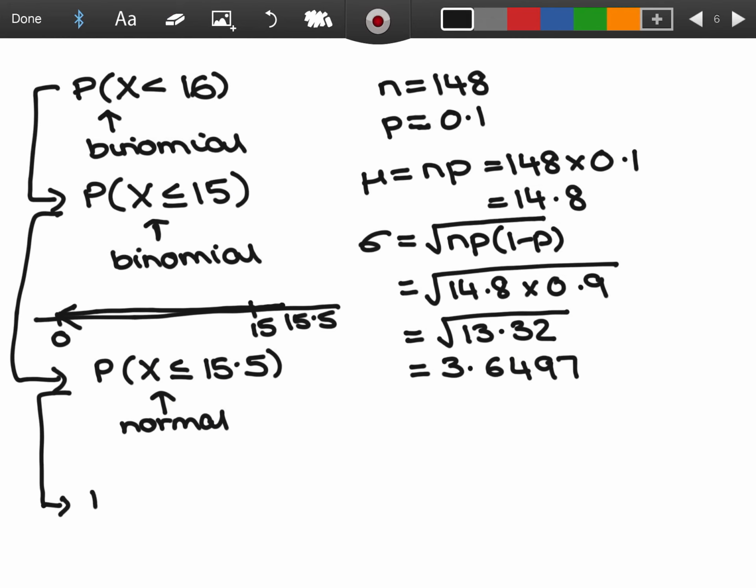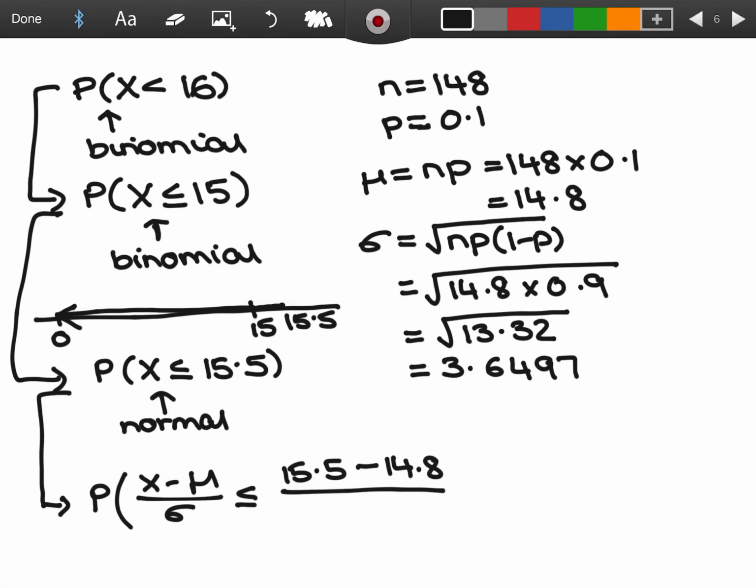So I do x minus the mean divided by the standard deviation: 15.5 minus 14.8, divided by 3.6497.